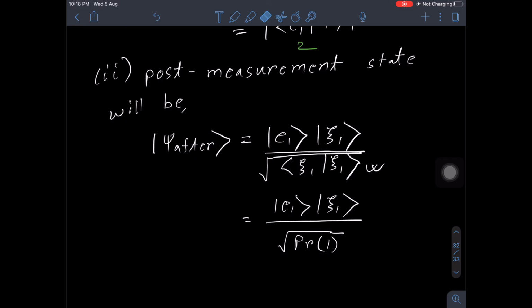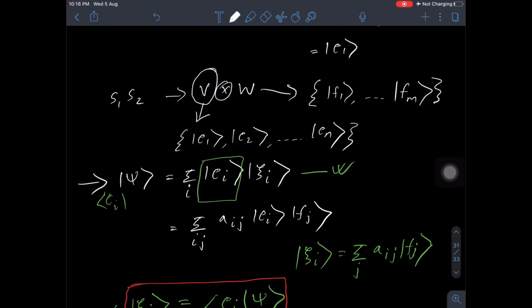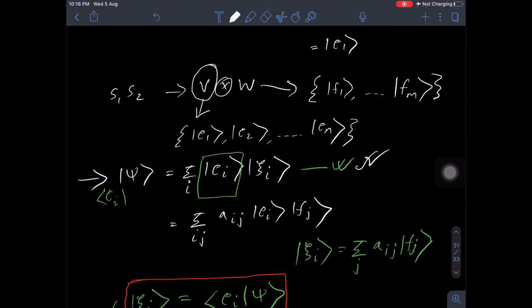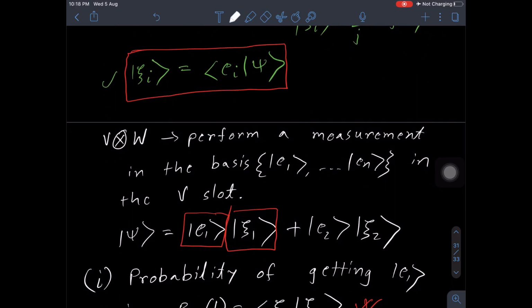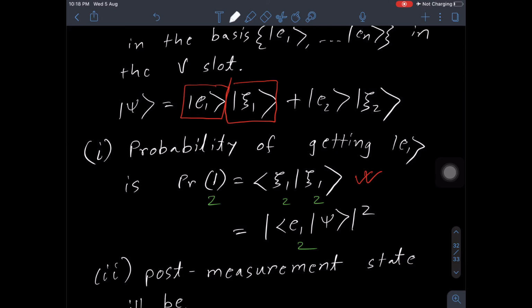So if I want to summarize, if you have a composite system like this, then you can write it as a sum over Ei xi i. And if you perform a measurement in the first vector space, which is the V space as we are calling it, then the probability of getting some Ei will be the inner product between xi i and xi i.